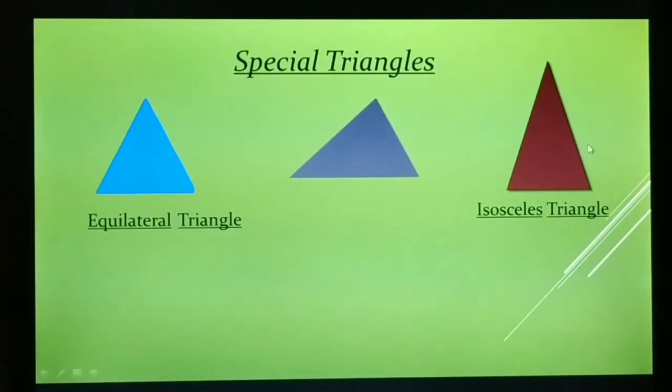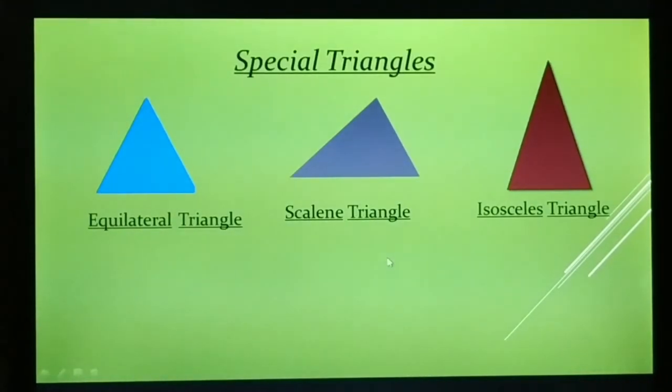The other type of special triangle has none of the sides the same in length or angles. All the 3 sides are different from each other. So this type of triangle is known as a scalene triangle.